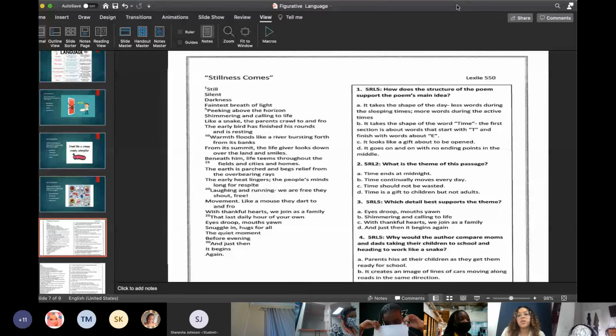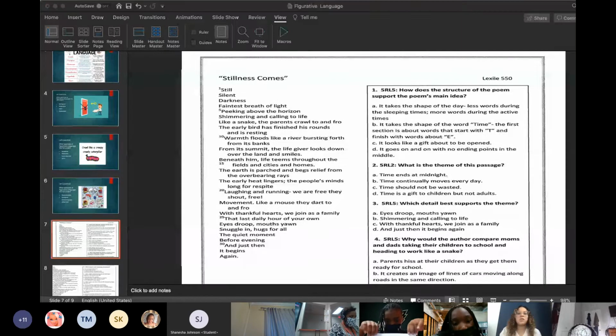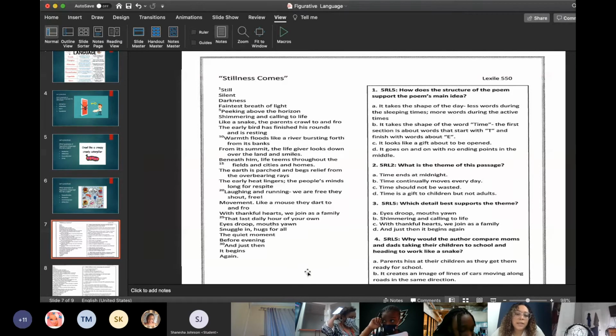Okay, so first I want to start by talking about what goes into figurative language. There are many devices that are used inside of this poem. Anastasia, you have a question? No? Okay. But first, I want to dissect the poem so we can talk about it a little bit more in depth.